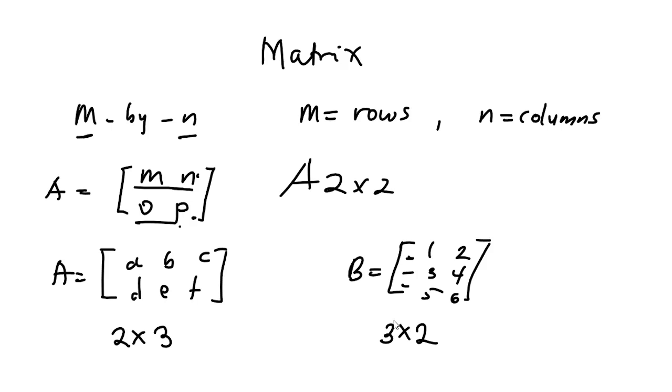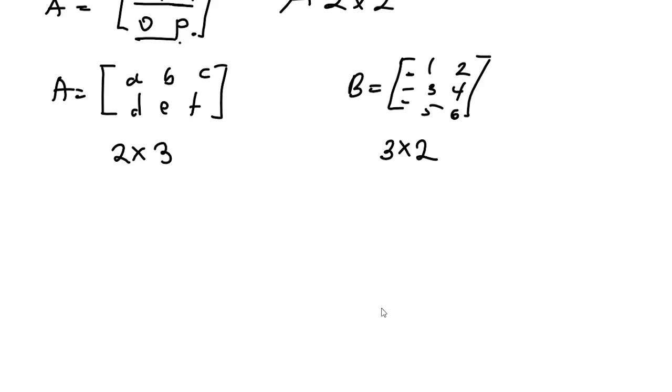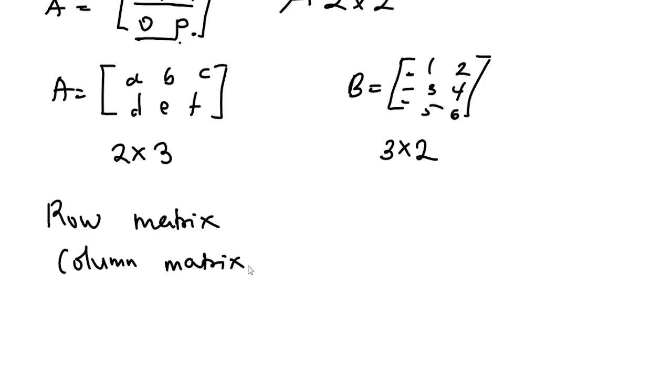In addition to the above examples, we can also have a row matrix and a column matrix. These matrices are also called vectors.